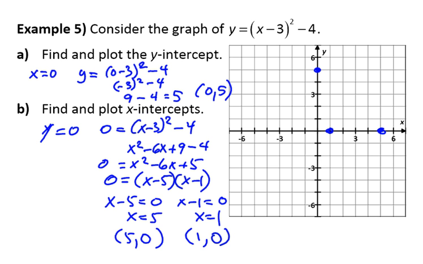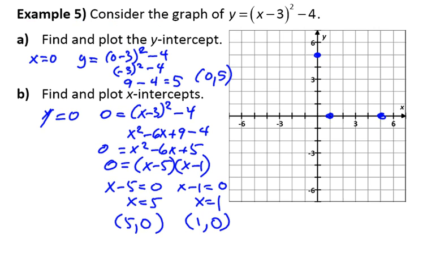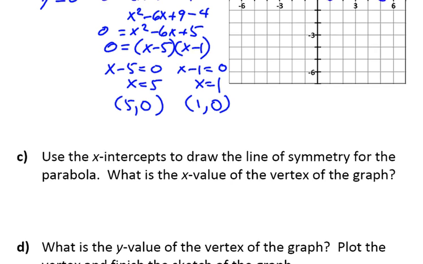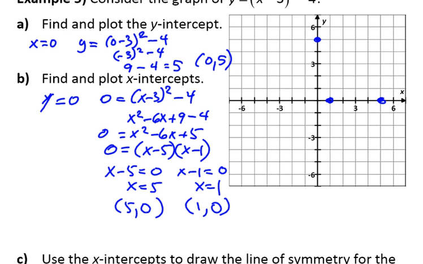So 5, 0, 1, 0. We want to then continue and draw a line down the middle to find the line of symmetry and figure out what the x value is. So here's the middle. So here's our middle of those 2 points. So we get that x is 3.